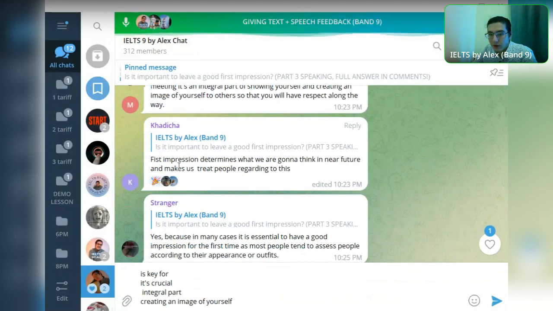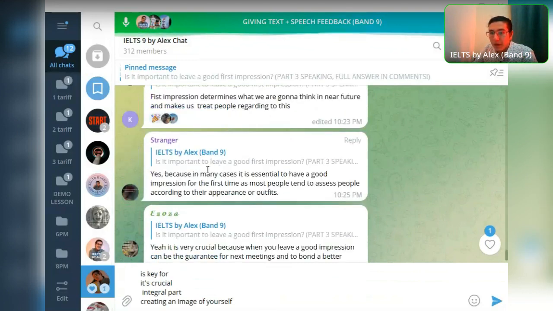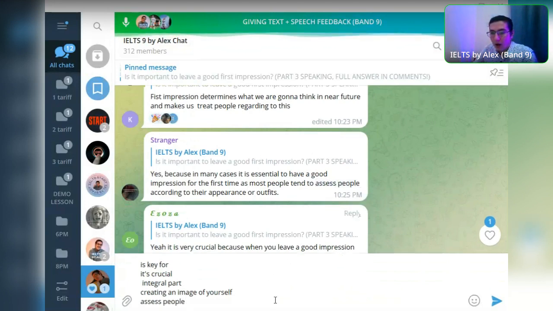First impressions determine what we are going to think in the near future and make us treat people regarding this. Pretty good. Yes, because in many cases, it is essential to have a good impression for the first time, as many people tend to assess people according to their appearance or outfits. Assess people is pretty good, but in this case, you are using the same idea twice.